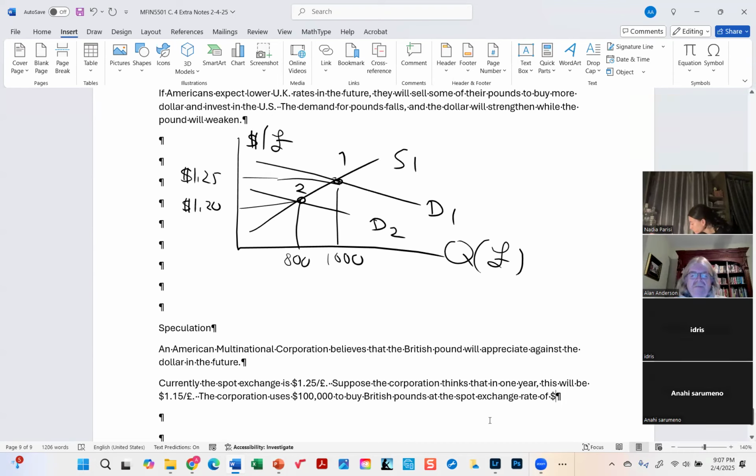All right, anyway, $1.25 per pound. So that means that the corporation ends up with how many pounds? Let's see. I hope I chose good numbers here. I would love it to work out to be an even amount. I wasn't that careful here. Let me just try this.